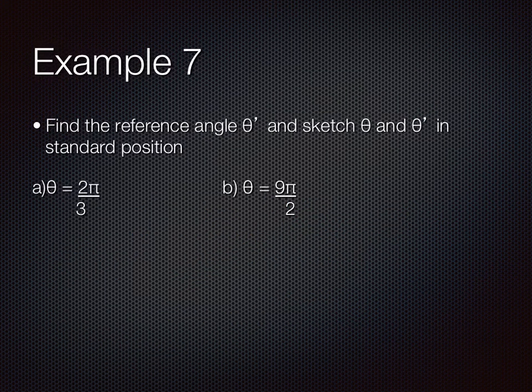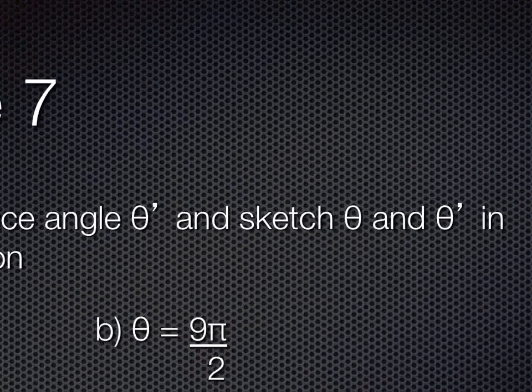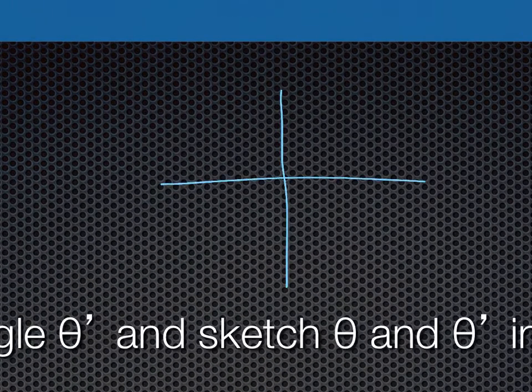So example 7 says find the reference angle theta prime and sketch the initial angle theta and theta prime in standard position. Notice that these are in radians. So if you take what we just talked about in the first, second, and third quadrant, in the first quadrant, it doesn't matter if it's in radians or degrees, it's going to stay that way. In the second quadrant, we were subtracting it from 180.